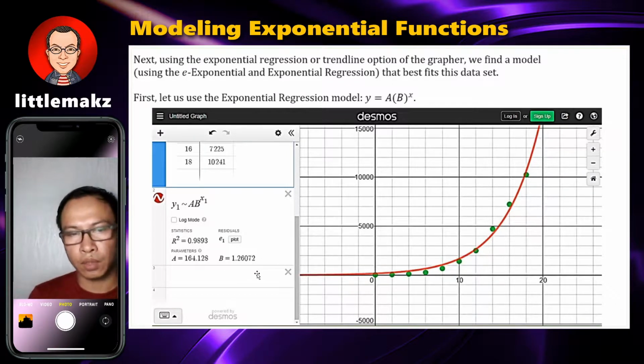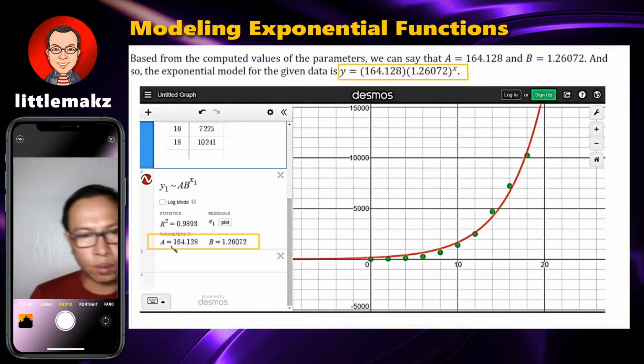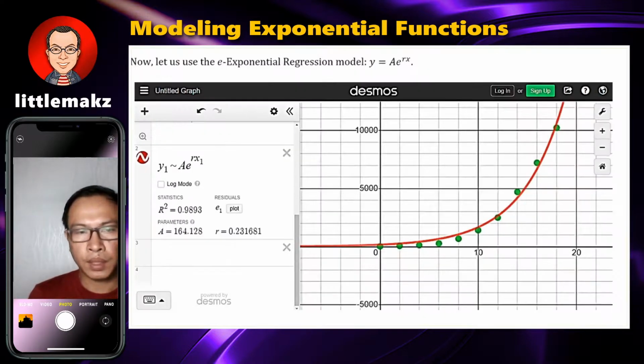Now later on, we try to plug this in so that we could form that model. Take note that A here has come up to be 164.128, and B is 1.26072. It's just generated by the table which we have input in our graph. Now, our exponential regression in this case is the model y equals A times e raised to the rx.